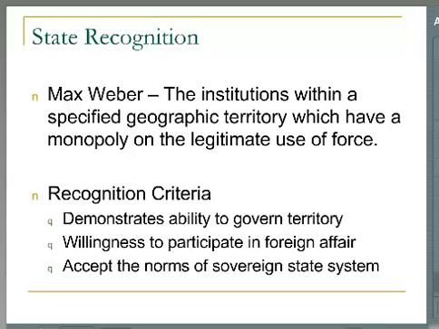Instead, the Northern Alliance, who controlled about 5% of the territory of Afghanistan, just in the very northern part of the country, the mountains where the Taliban had not been able to dislodge them, that group, even though they only controlled a small sliver of Afghanistan, continued to hold Afghanistan's seat at the United Nations because that group did want to participate in foreign affairs, and they accepted the norms of the international community, mainly because they wanted their help to reconquer the rest of the country. But it's an important case study in why states gain external legitimacy.